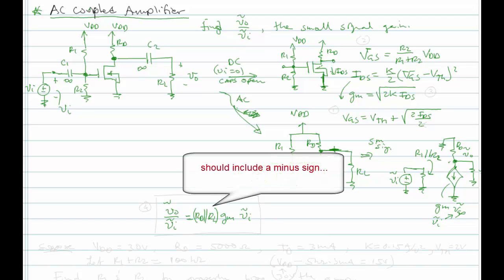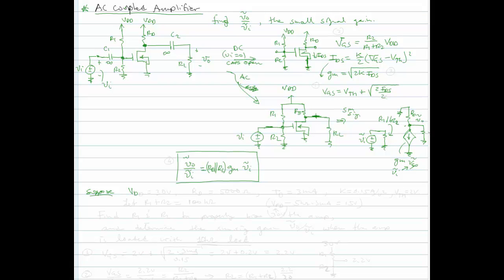Okay? So let's work a problem here as an example. Suppose VDD was 30 volts. The drain resistance was 5,000 ohms.